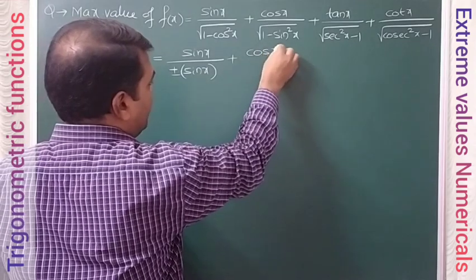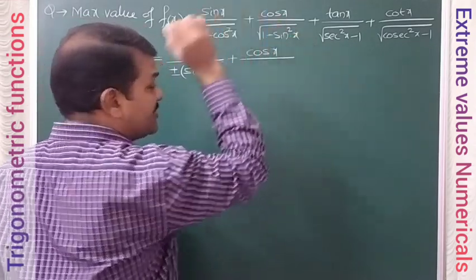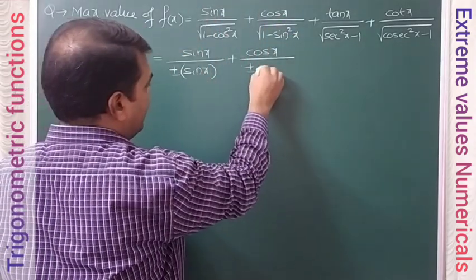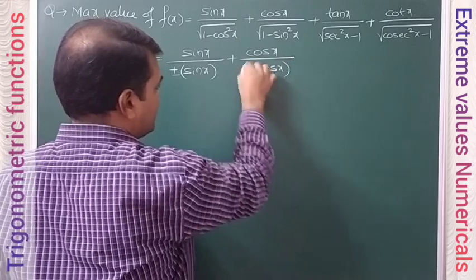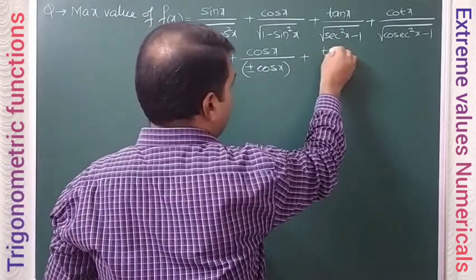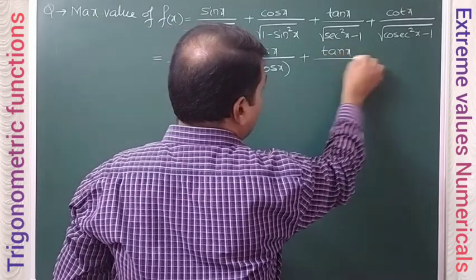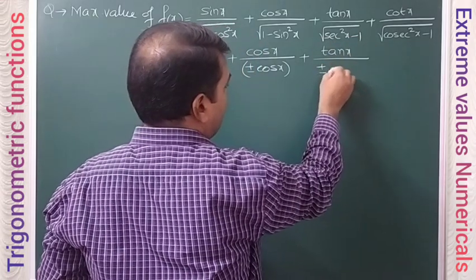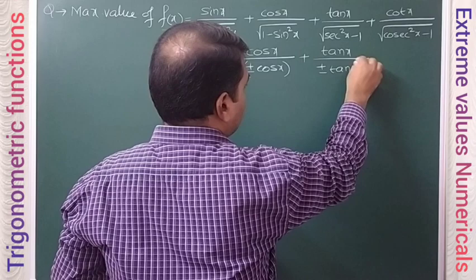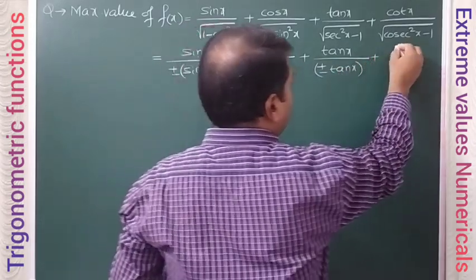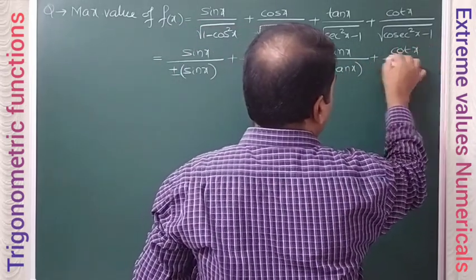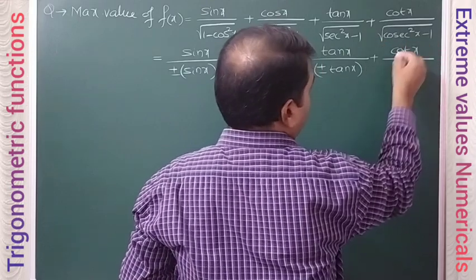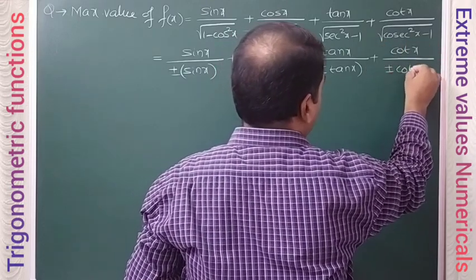Next cos x by under root cos square x, which we can write as plus or minus cos x, plus tan x by under root tan square x, plus or minus tan x. Last term similarly cot x by under root cot square x means plus or minus cot x.